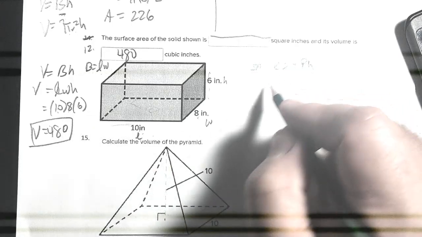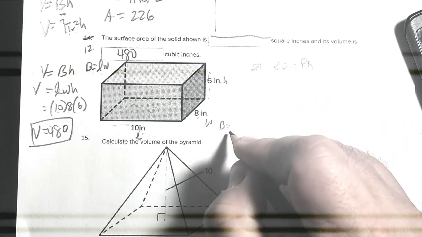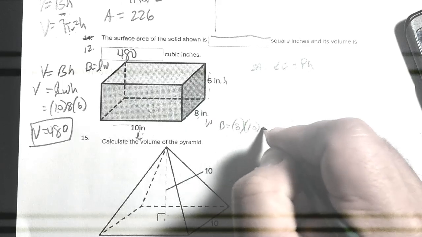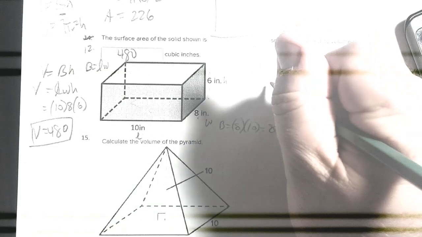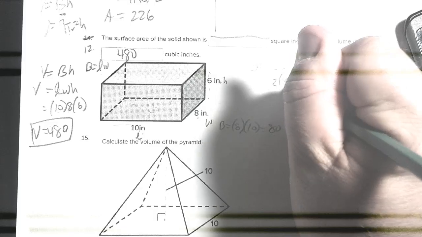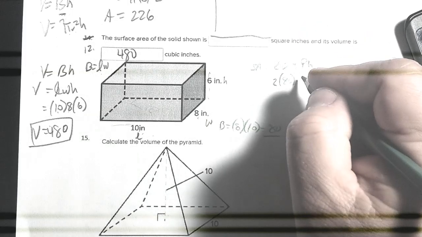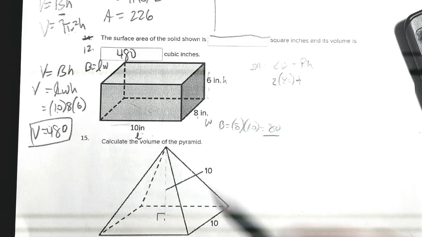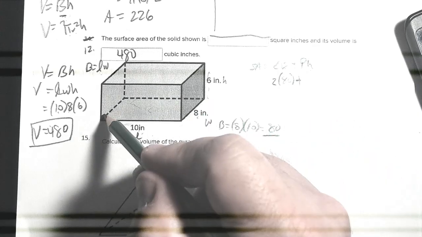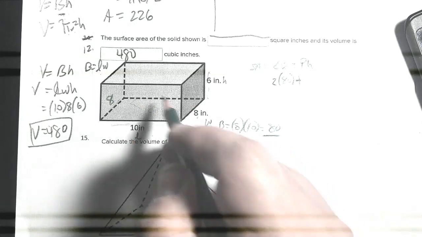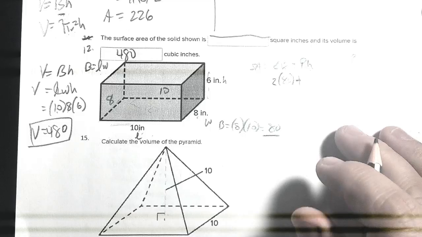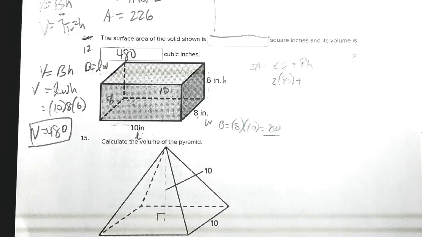So B is length times width, or 10 times 8. Either way, 10 times 8 is 80. So I'm just going to build my problem here. 2 times the base area was down here. It was 80 plus. All right, so perimeter. Remember this rectangle. So if this side is 8, this other side we can't see, it's 8. This side's 10. This side over here is 10. So your perimeter, we're really in the bad light now. Hold on.